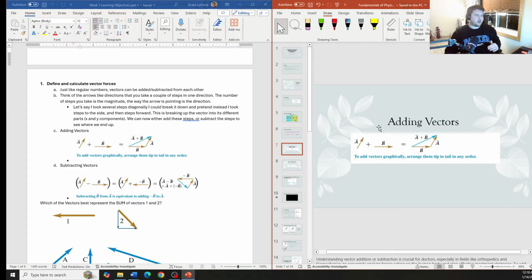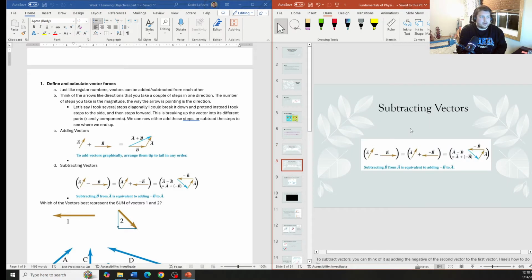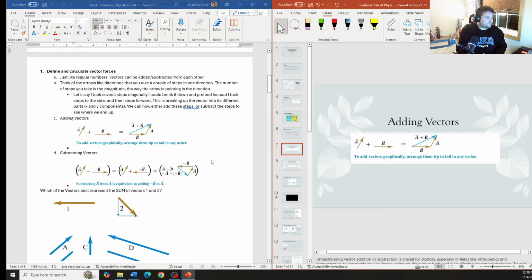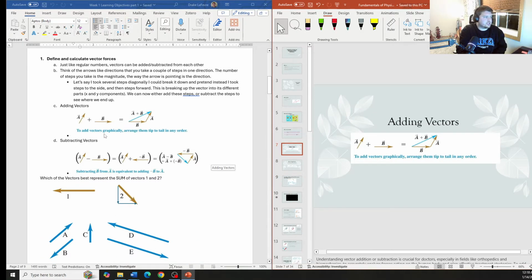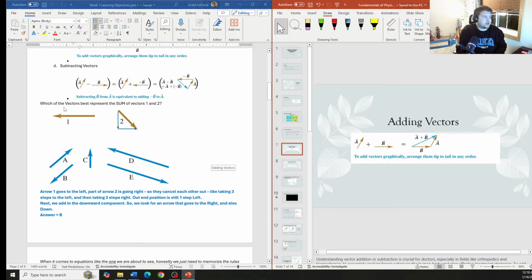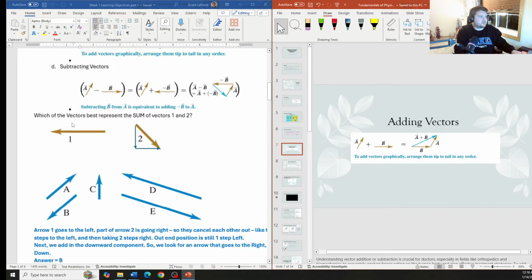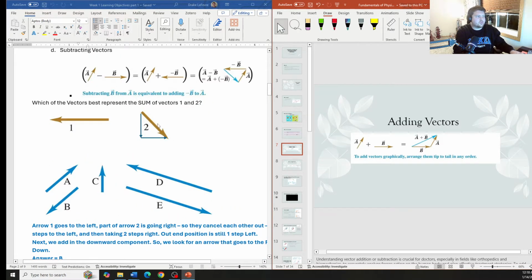We're going to start by showing we can break down our vectors into x and y components. Okay? So, for example, this one right here, which of the vectors best represents the sum of vectors 1 and 2? So vector 1 is just going to the left. So we say, okay, which axis does that relate to?